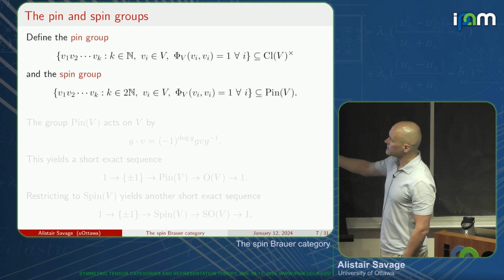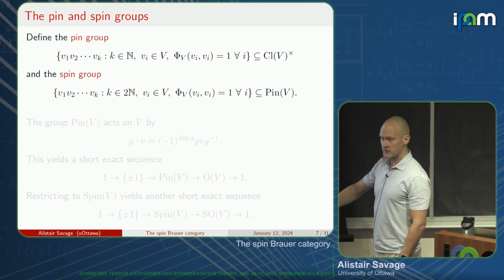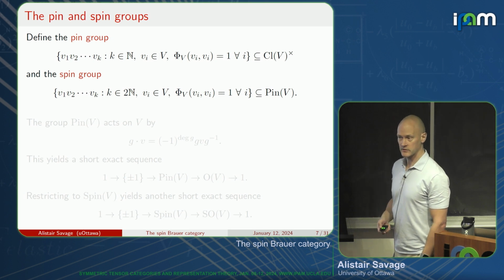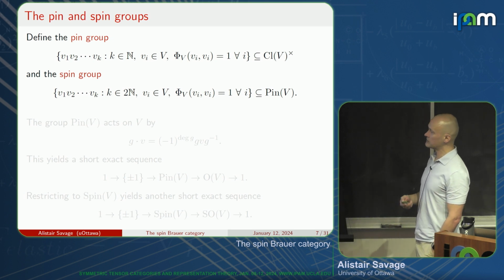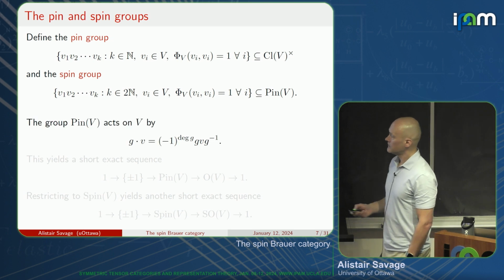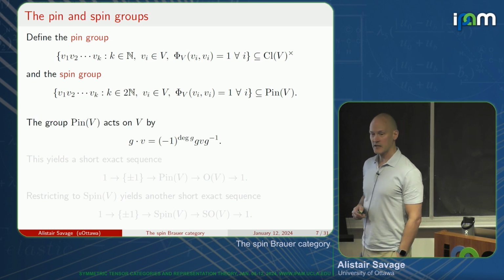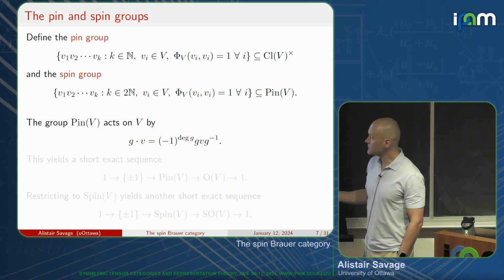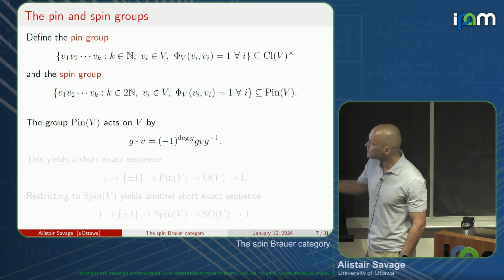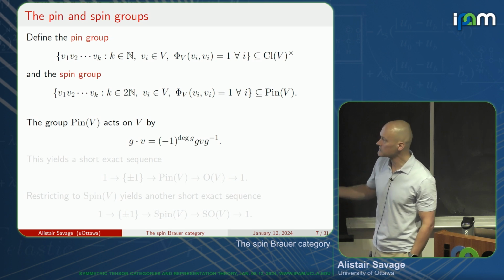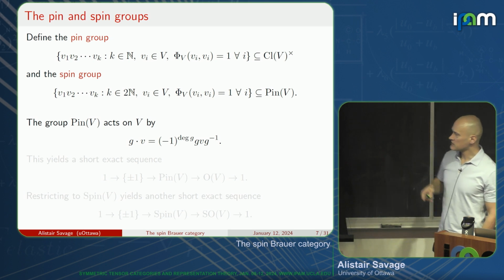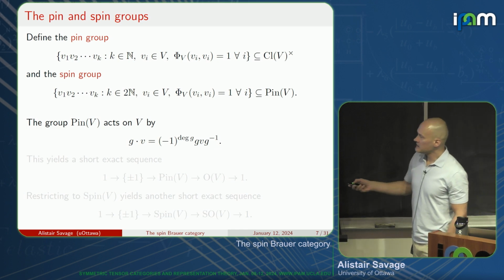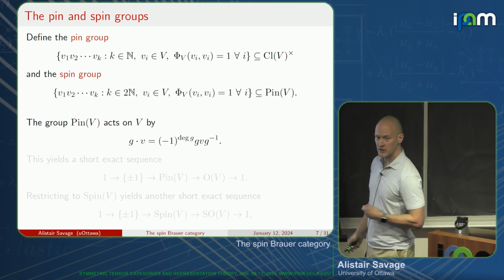Okay, but you probably know that the pin and spin groups are double covers of the orthogonal groups and special orthogonal groups. So I should explain how you can view them as double covers. The pin group acts on our vector space V essentially by conjugation, up to a sign, where the degree is the number of terms that appear here, so it's the k here. You can check that this is an action, and each element preserves the form.